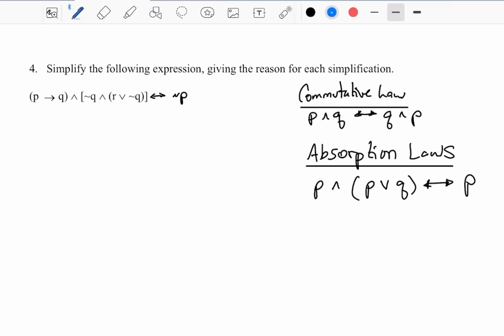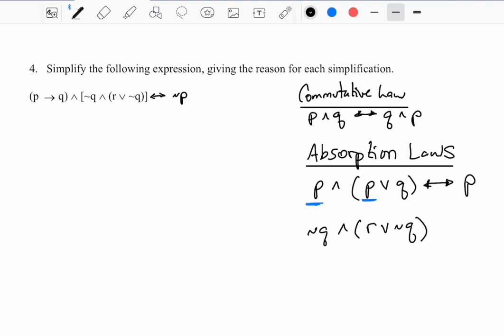All right, but if we follow this absorption law, that's going to allow us to take care of this piece pretty easily. But before I can do that, if you look at the structure of the absorption law, these two pieces have to match. If I'm following that model, I'll just pull the expression aside: not Q and (R or not Q).